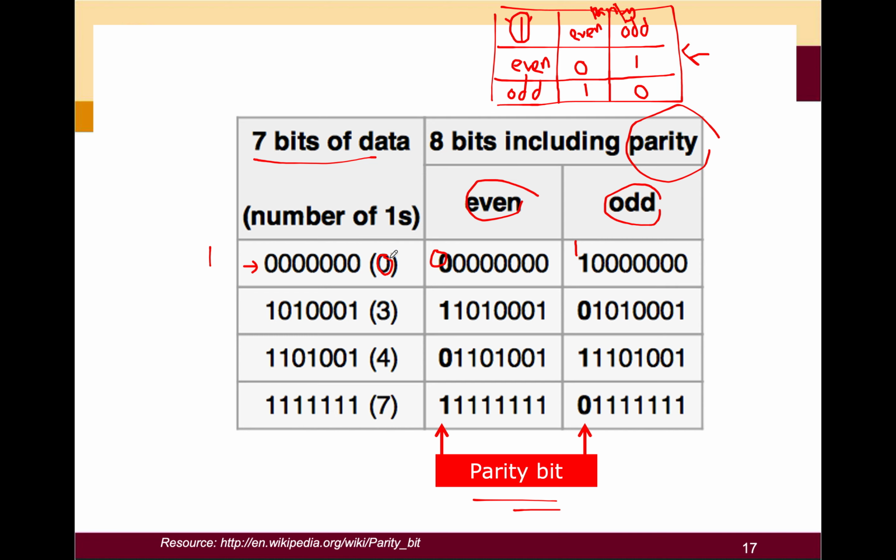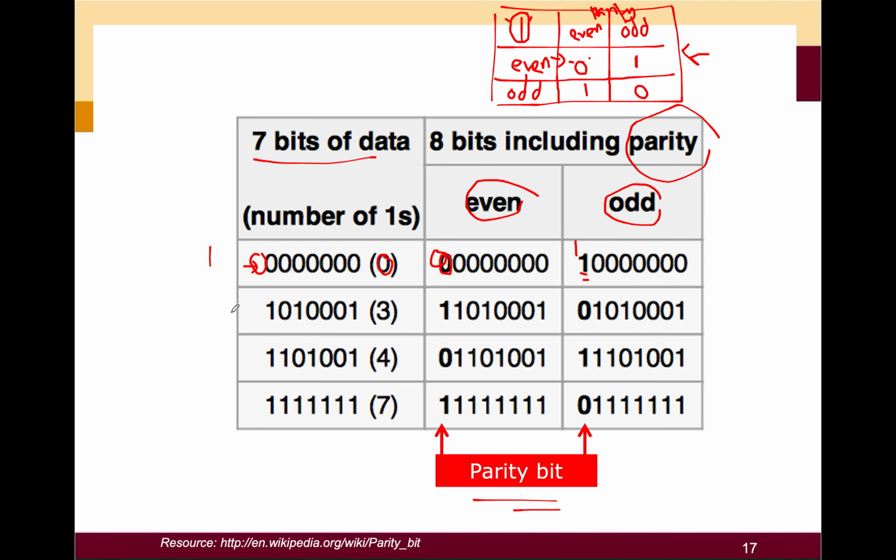How is it? If it is 0, 0, 0, 0, no bits which are odd. So if you need even parity, you need to add 0 in front of this number. For odd parity, you need to add 1 in front. So this is what you get as the parity bit.